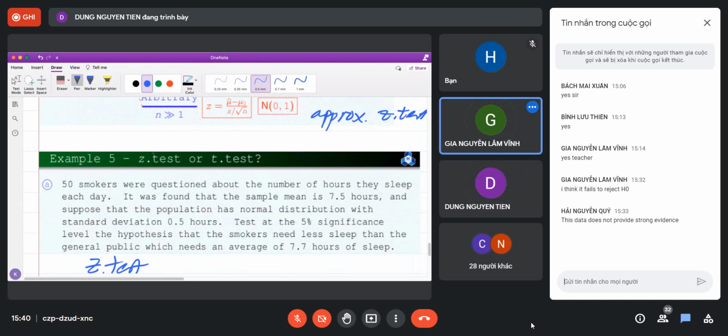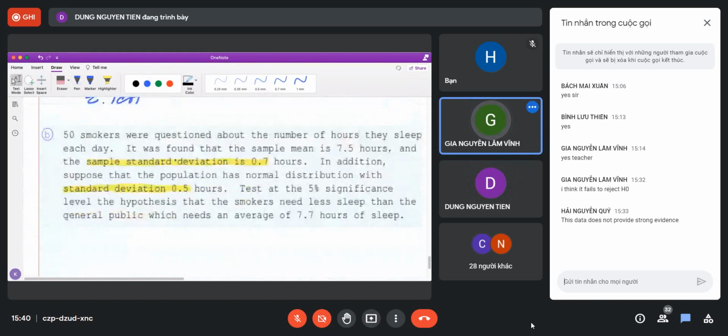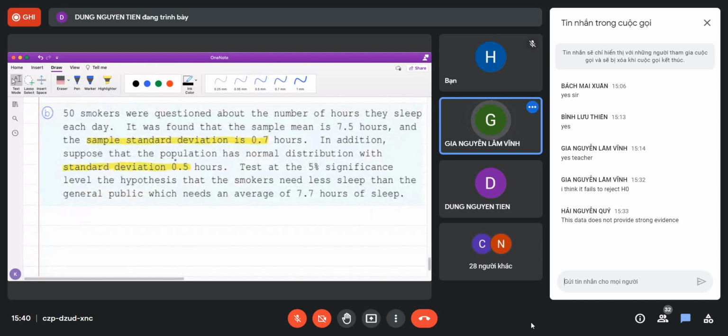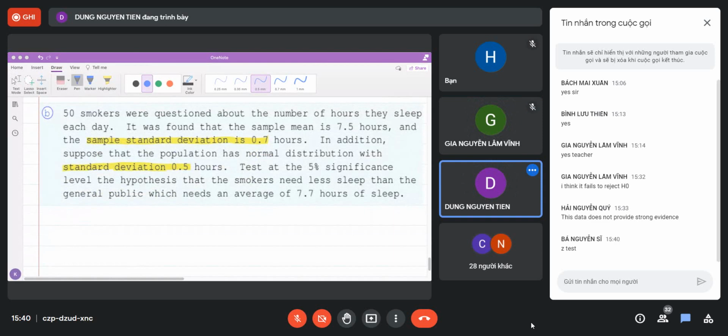Where is the condition with the sample standard deviation and the population standard deviation? Let's say this is the case. Then which one do we need to use? What do you think?